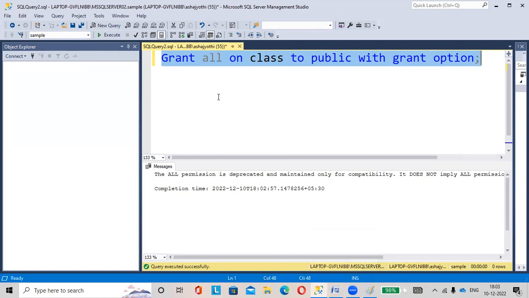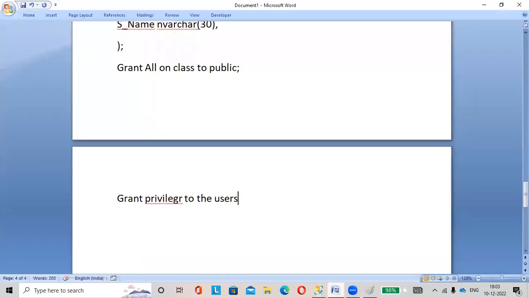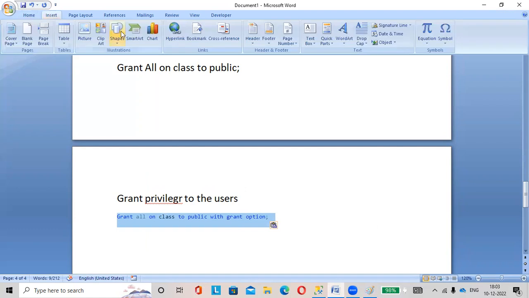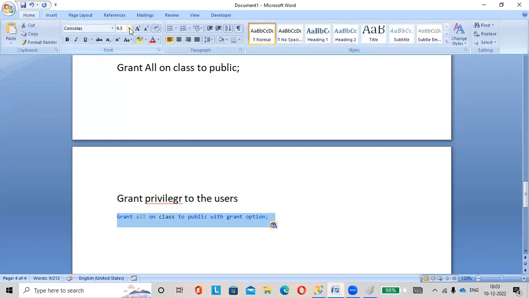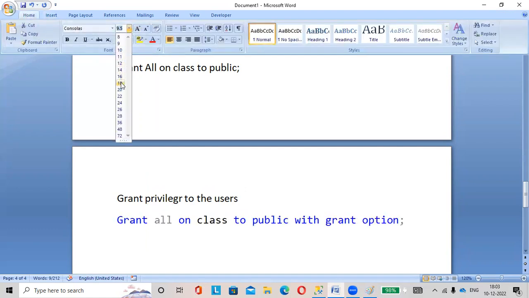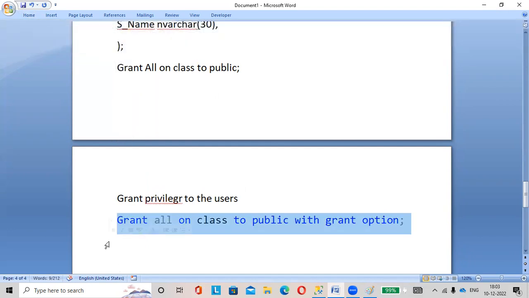Control A, Control C. By executing this command, we'll write one note here.